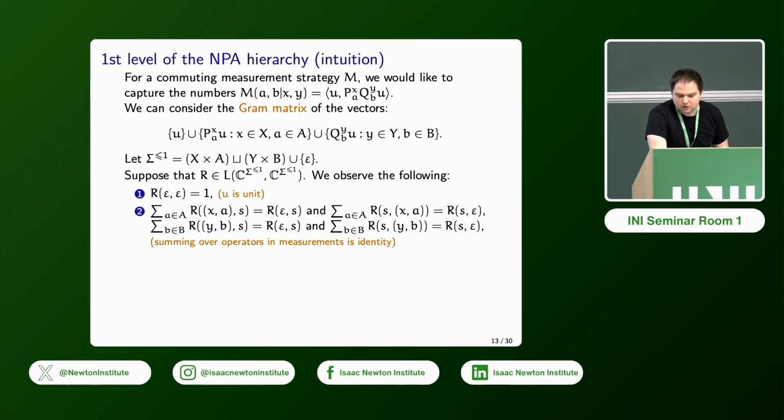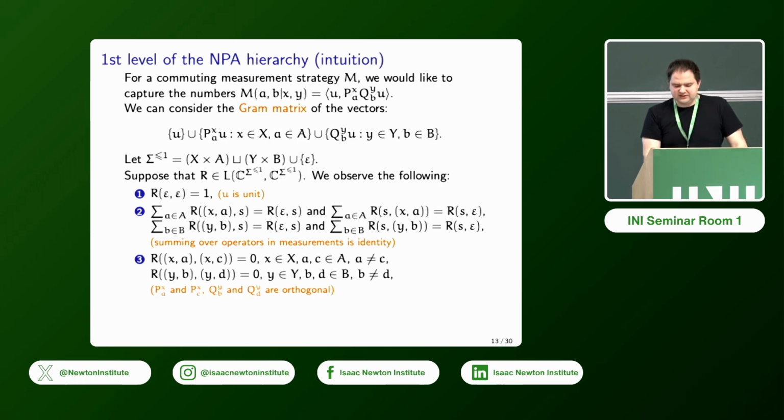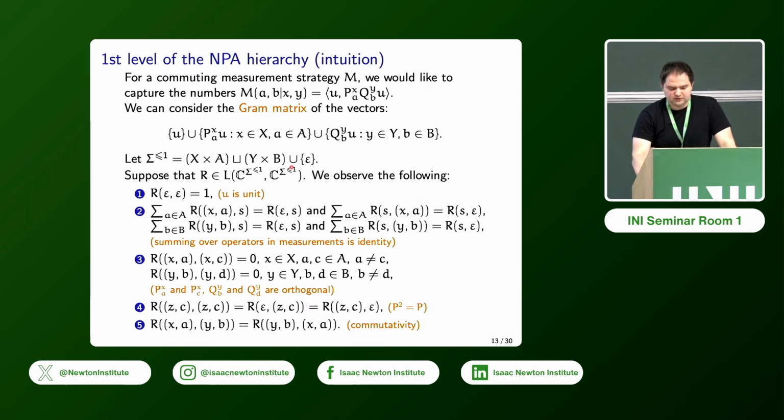So let me just go through this more quickly. There is a condition on the matrix R corresponding to the fact that the vector u is a unit vector from the strategy. We have some conditions which look complicated, but they just correspond to summing over all the operators in the measurements, which is the identity.